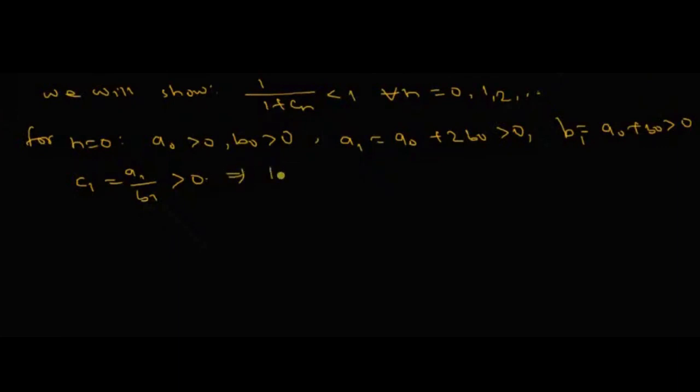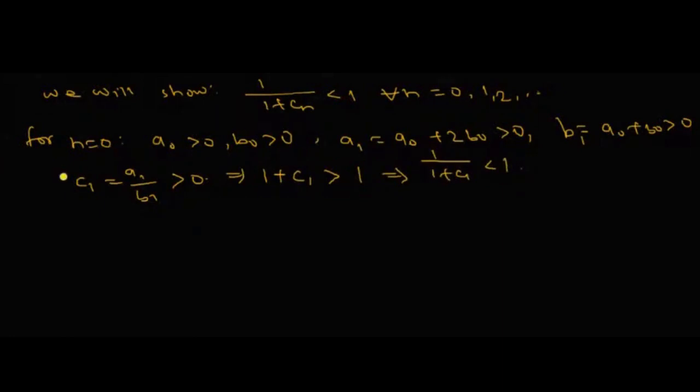This implies 1 plus cn is 1 plus c1, which is greater than 1, or 1 by 1 plus c1 is less than 1.